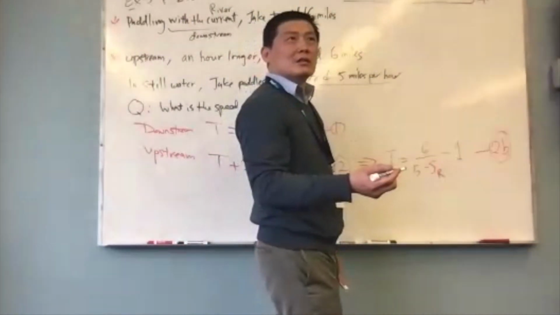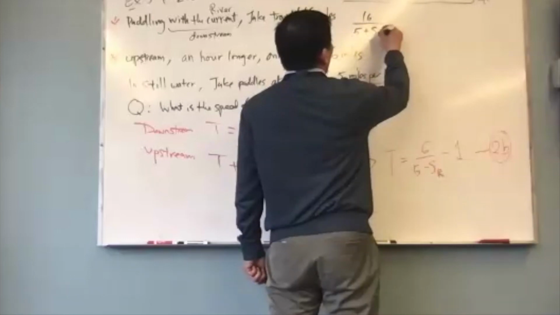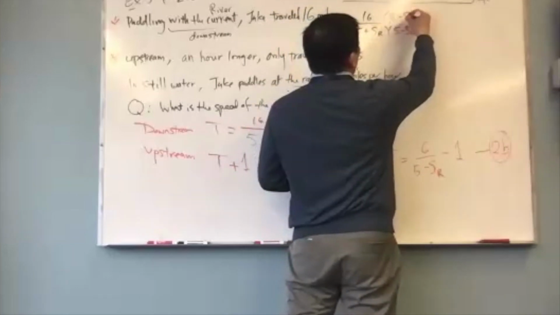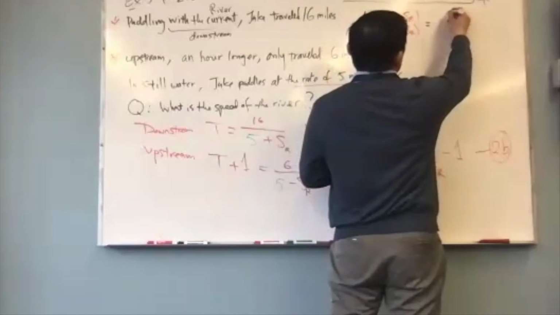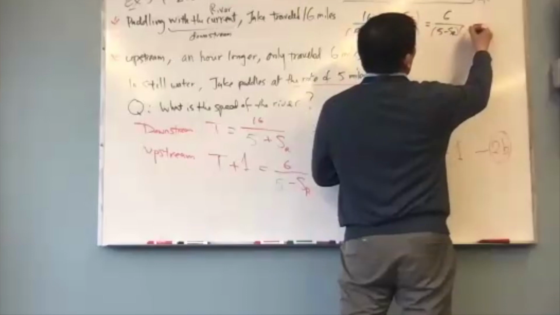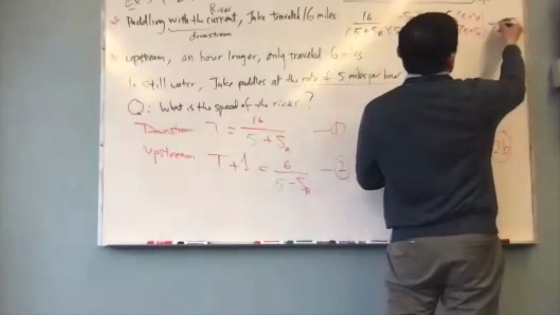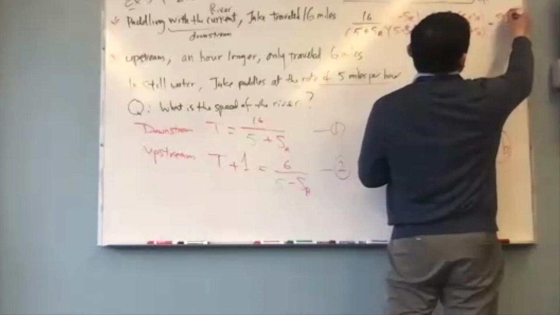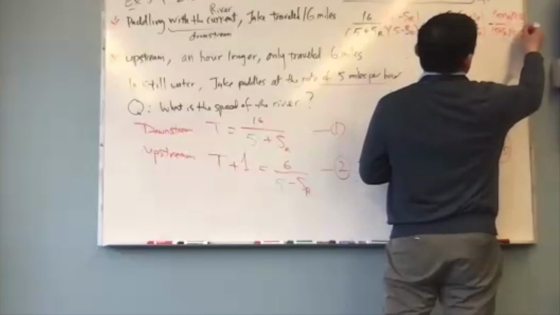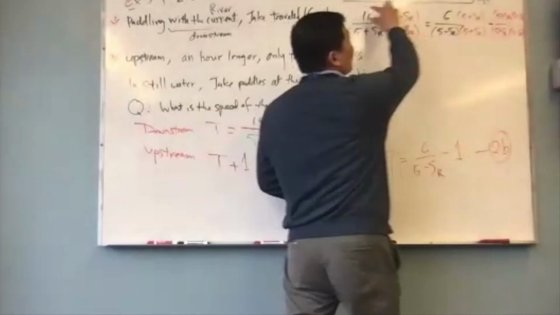Common denominator, right? With the common denominator, I can multiply this 16 over 5 plus SR by 5 minus SR, and set it equal to 6 over 5 minus SR, but this one I will multiply by 5 plus SR, minus 5 plus SR times 5 minus SR. So I can basically ignore the bottom and just work through the top.